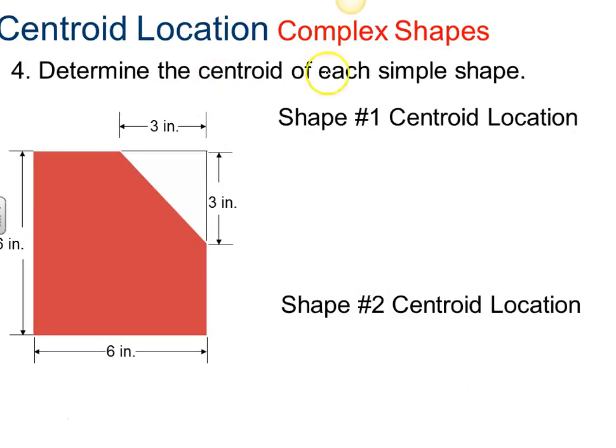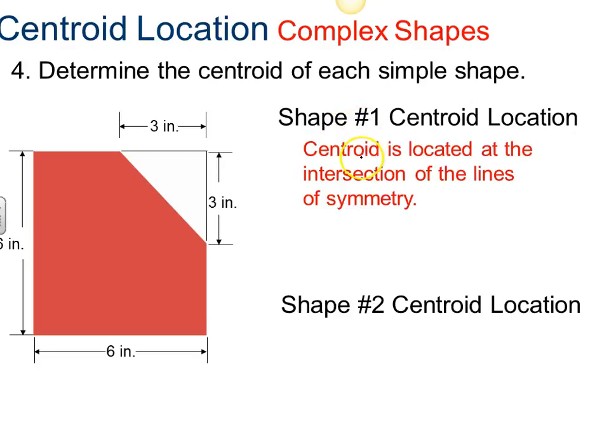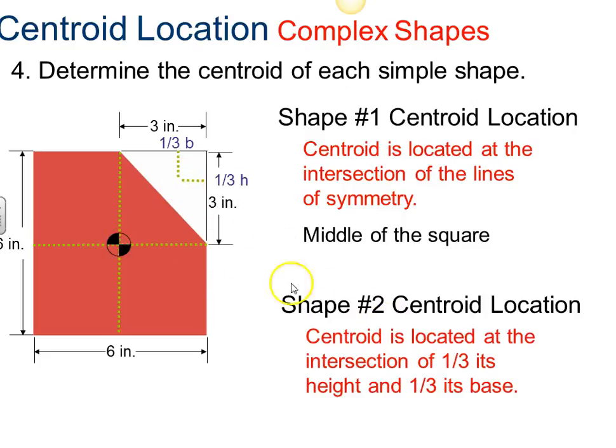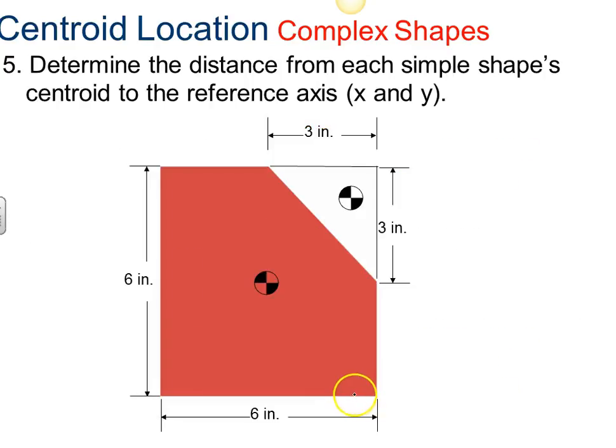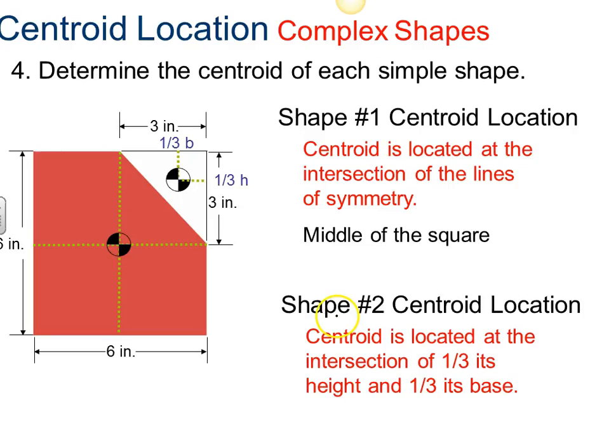We're going to determine the centroid of each simple shape. The centroid of number 1 is located on the axis of symmetry, the lines of symmetry. So that would be in the very middle of the square, 3 inches in, 3 inches up. And the centroid of the triangle is located at the intersection of 1/3 its base and 1/3 its height.